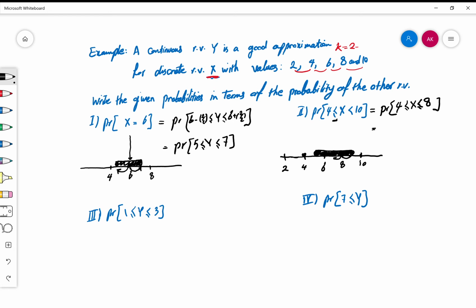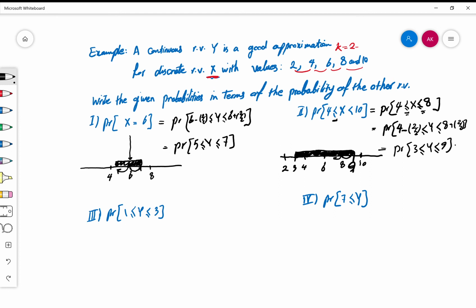And 4 thickens halfway up and halfway down, so it goes from 3 to 5. So the probability of, let me write, the lowest one with equality minus halfway, 2 over 2, y, and the highest one with equality, go halfway up. And this gives us the probability of y bigger than 3 and less than 9.